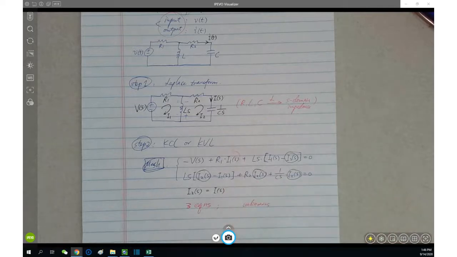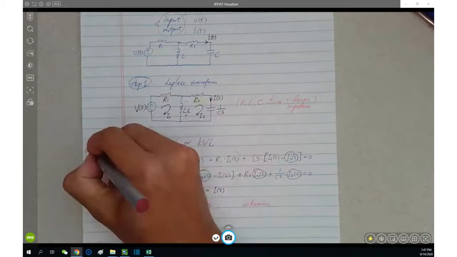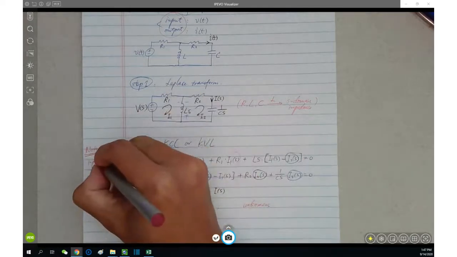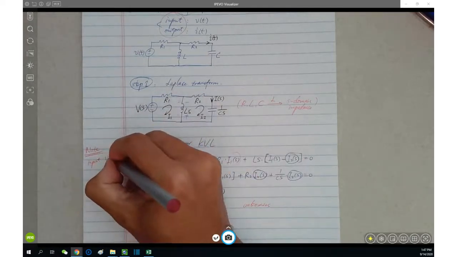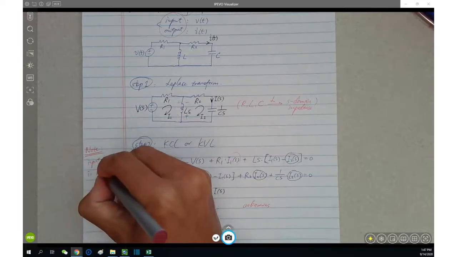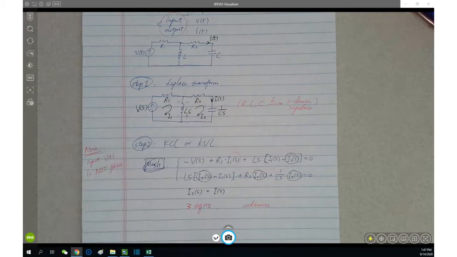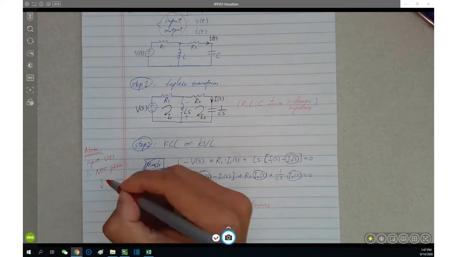Well, that's the mistake students always make. Listen very carefully, everybody. Let me give a note here. The input V of t is not given, and never will be. What's the sense behind this?